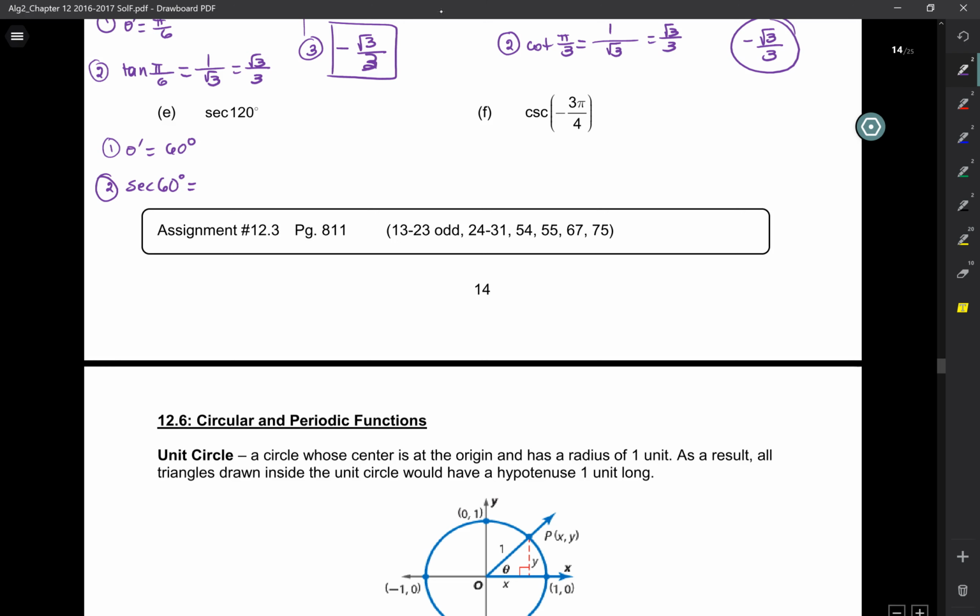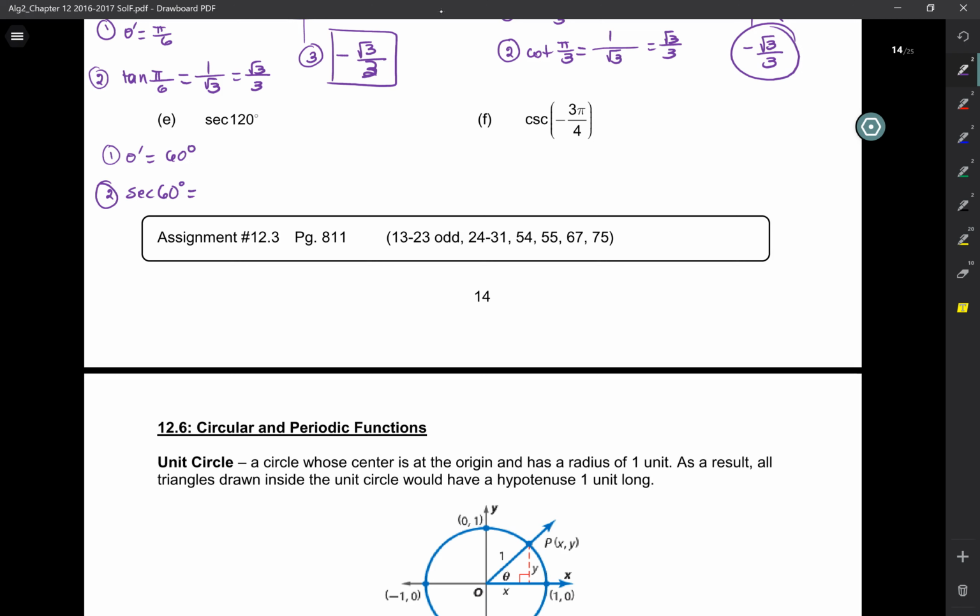Okay, so look, 60 degrees faces the larger side, root 3. Secant is like the cosine, and it's the horizontal side that we want, right? So if this is 60 degrees, the vertical side is root 3. The horizontal side is 1, okay? So this is going to be the reciprocal of 1 over 2, 2 over 1.